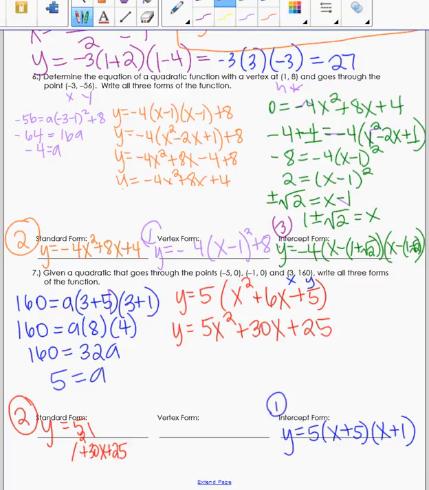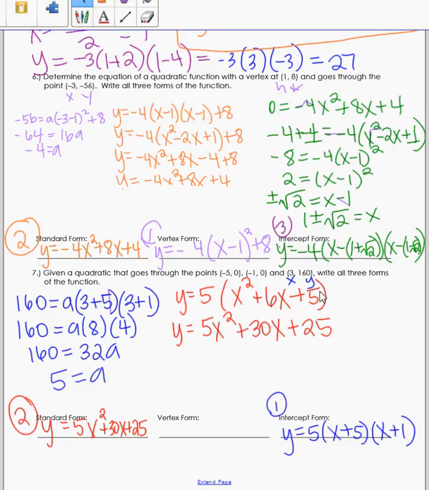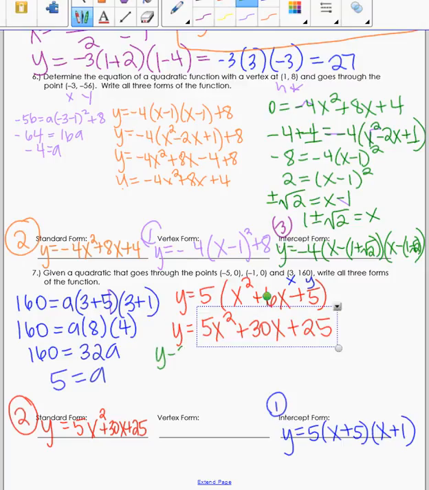And then last but not least, for your vertex form, we're going to complete the square just to practice that a little bit more. So I'm going to leave my y intact, so y minus 25, and then we'll have plus a blank equals 5 times x squared plus 6x plus a blank.